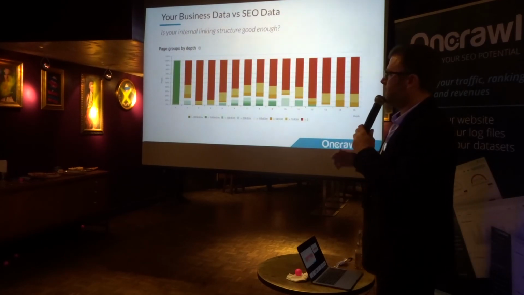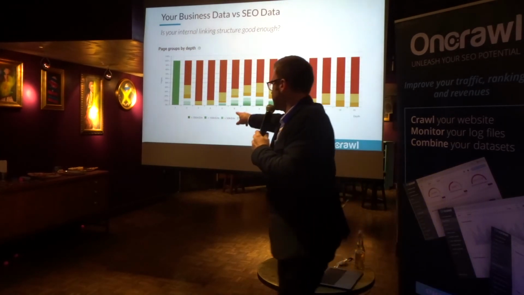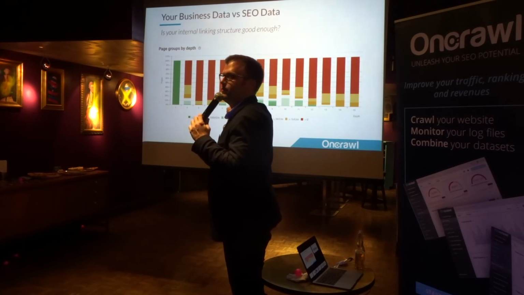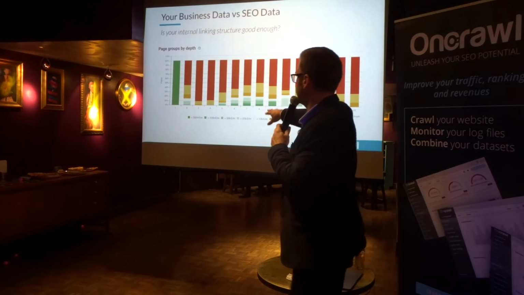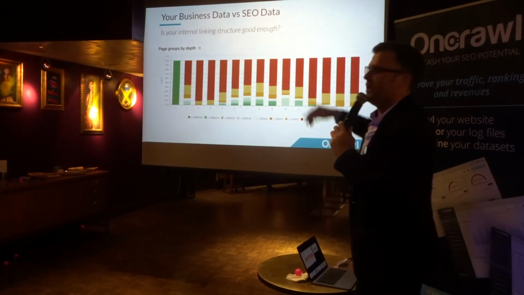But is that okay when we are looking at business data? We can see that pages that are generating more than 50,000 euros per month in revenues are located at page levels 5 to 9. So that might not be a good idea.